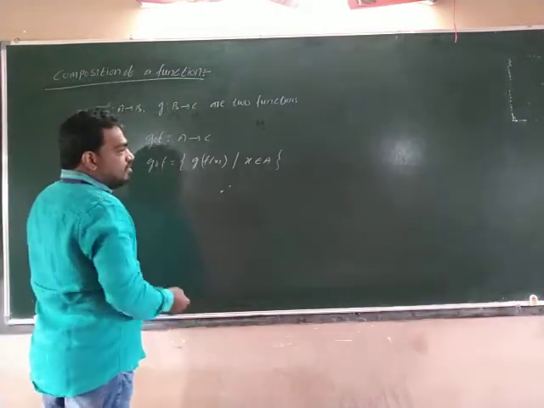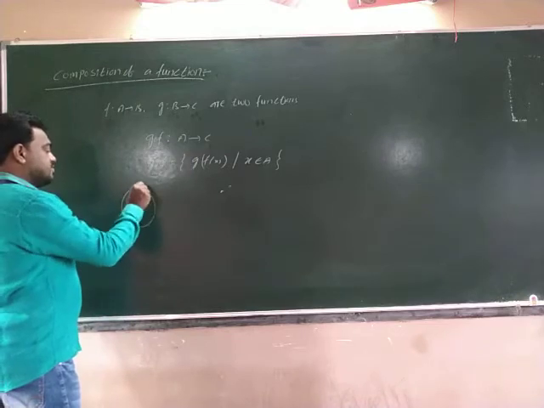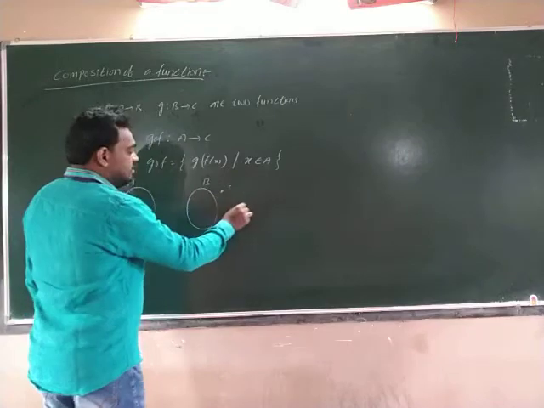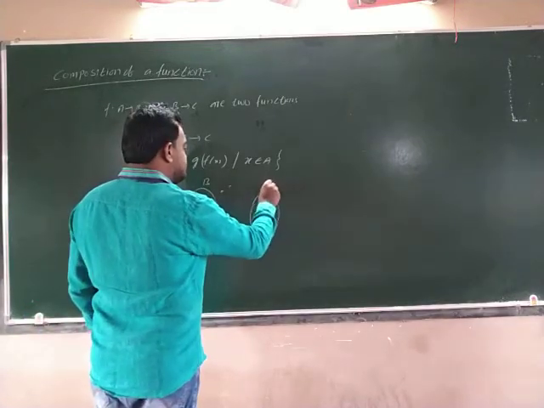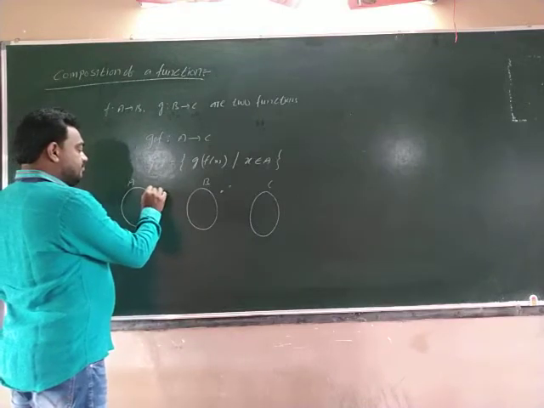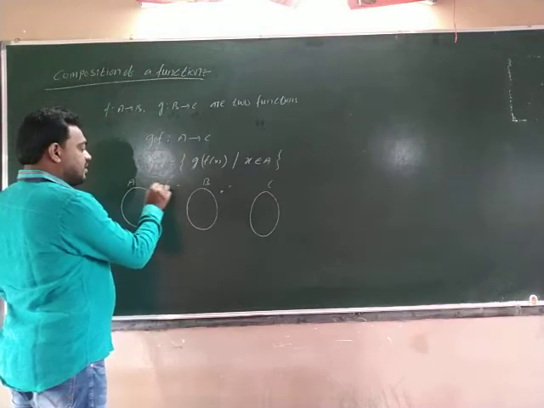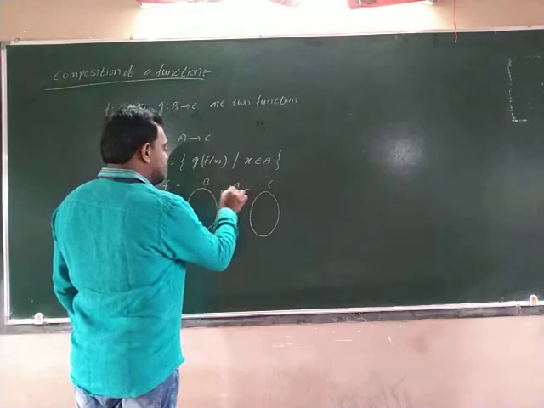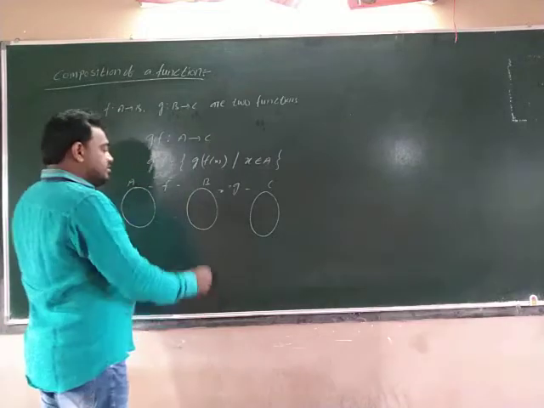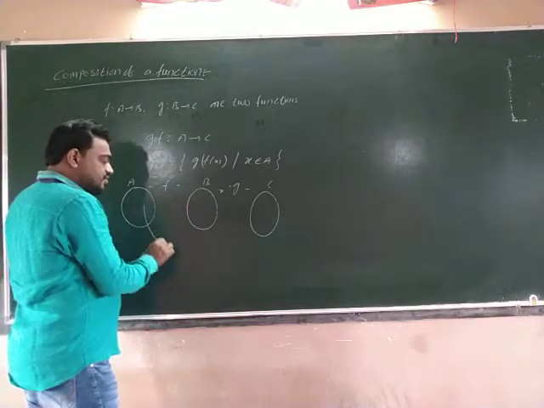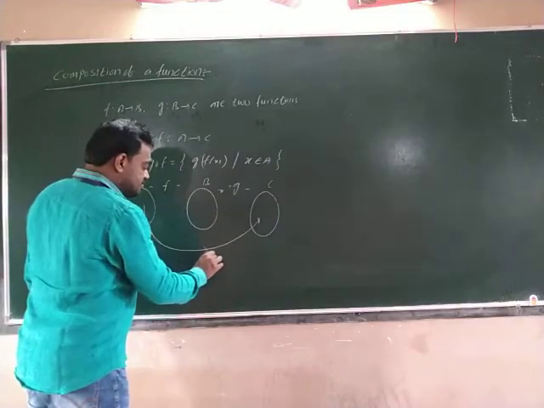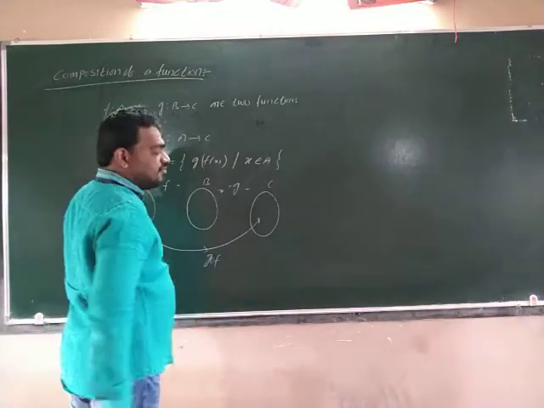With an arrow diagram, how we show this: this is the set A, this is the set B, and this is set C. This is a function f from A to B, and this is a function from B to C. This is the function from A to g circle f.